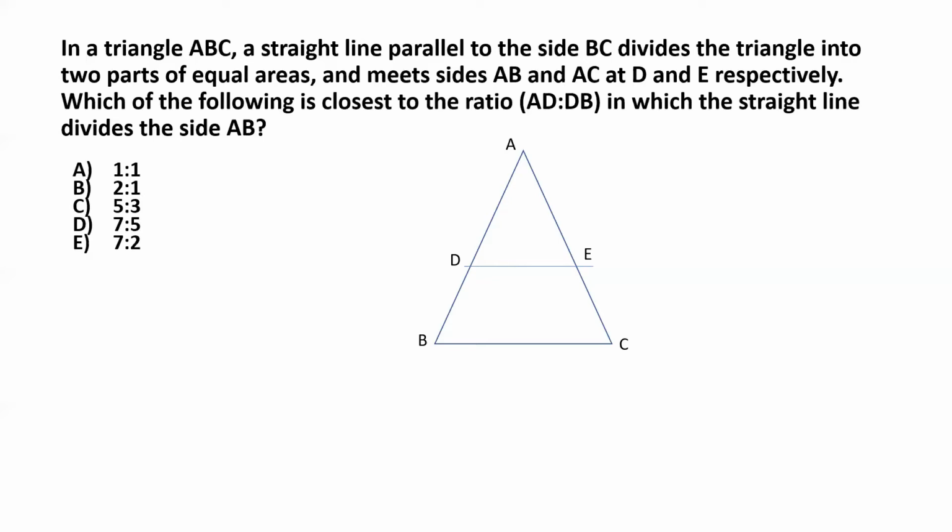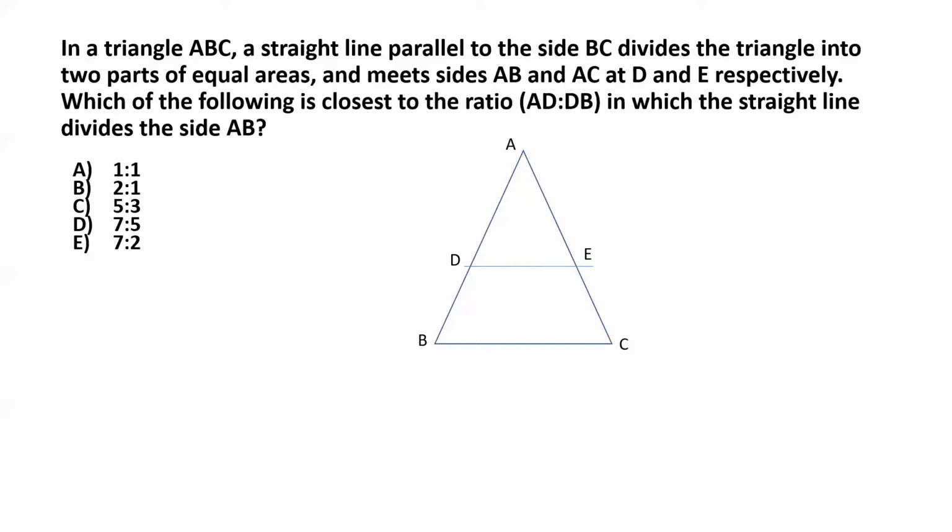Now, just by the fact that it divides the triangle into two parts of equal areas doesn't necessarily imply that it also divides the sides into equal proportions, like the median of a triangle, for example.